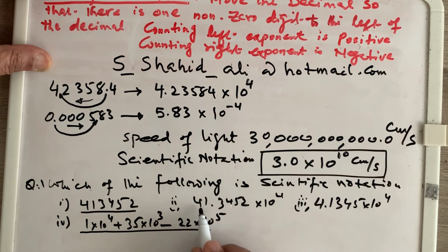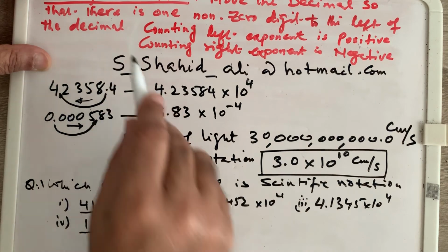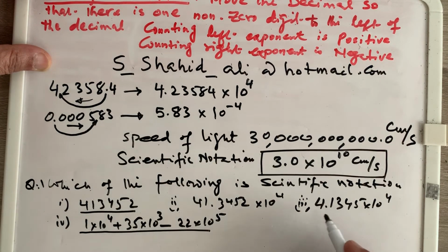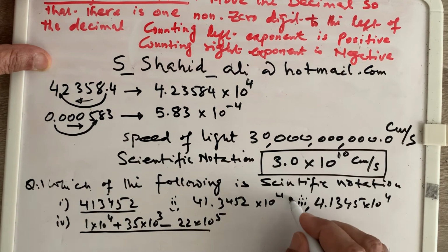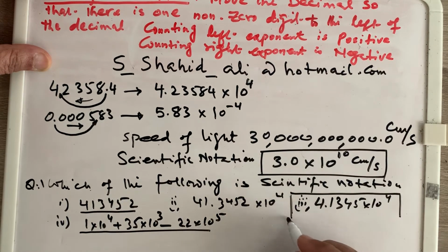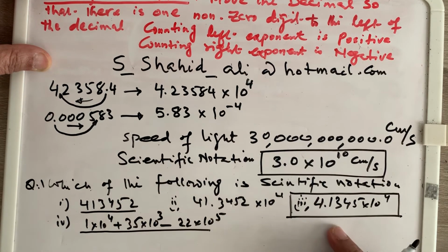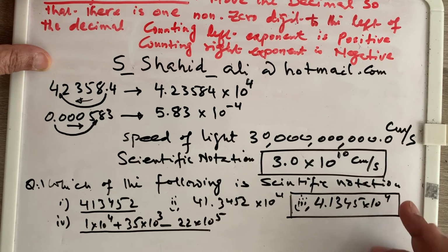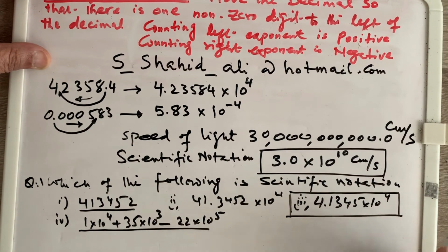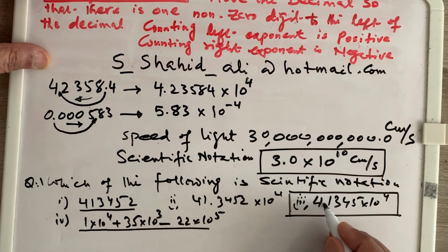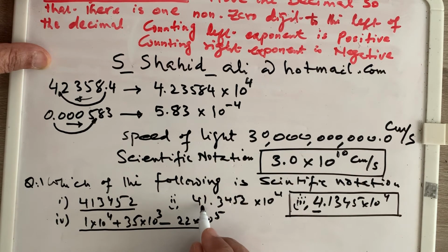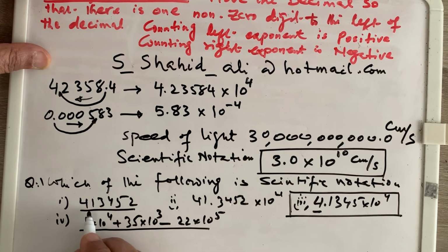Here it is 41, so it doesn't match my definition. There should be one non-zero digit. So the only number which matches my definition is this number. So this is my scientific notation. The answer is number 3. 4.13452 times 10 to the power 4 is my answer, because scientific notation must have one digit to the left of the decimal, and here we have 2 digits to the left of the decimal.